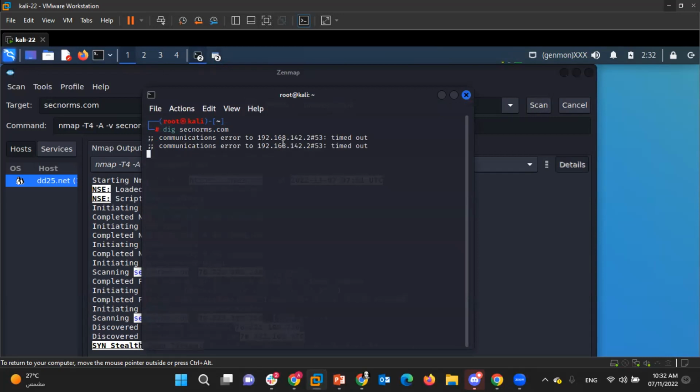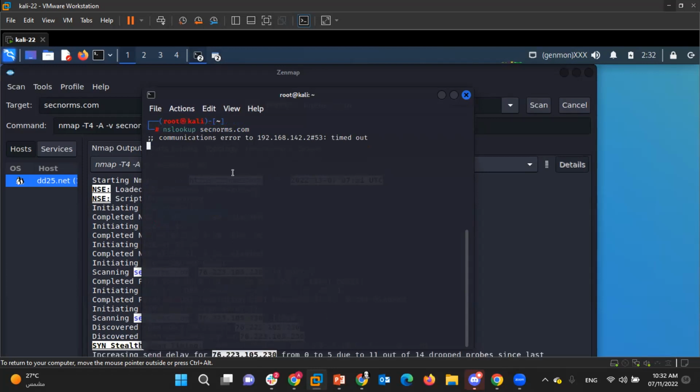I think that's because another process is being used here. Okay, so NSLOOKUP, which also gives the same result. We need to finish Nmap firstly.